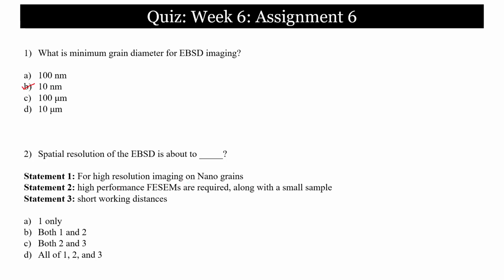Statement 2 says high performance FESEMs are required along with small samples. And statement 3 says short working distance. So all of these statements are correct, because for high spatial resolution you need a short working distance, small samples, and high performance field emission SEMs. Field emission SEMs will give you very high quality images, and high resolution imaging on the nanograins. So in this case option D is the correct answer, where all the statements are correct for the spatial resolution of your EBSD patterns.